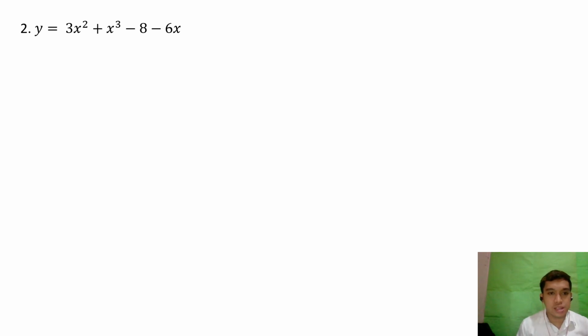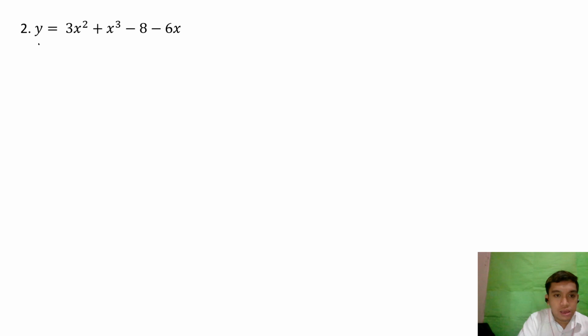Y equals 3x squared plus x cubed minus 8 minus 6x. So ganun pa rin, you must see to it na yung ating polynomial function ay naka-standard form. So dito sa number 2, hindi pa siya naka-standard form. So i-arrange natin yung ating mga terms in descending order according to powers, according to exponent.